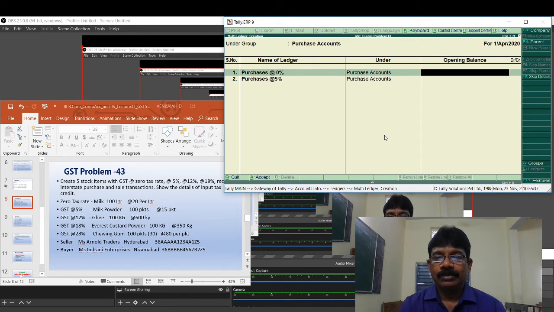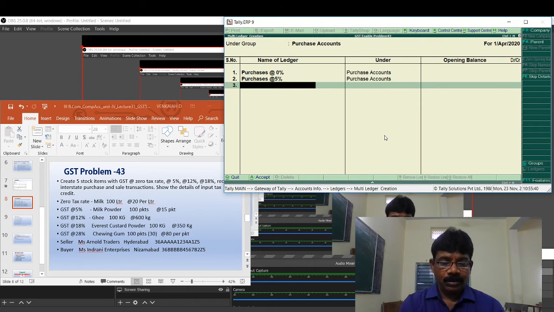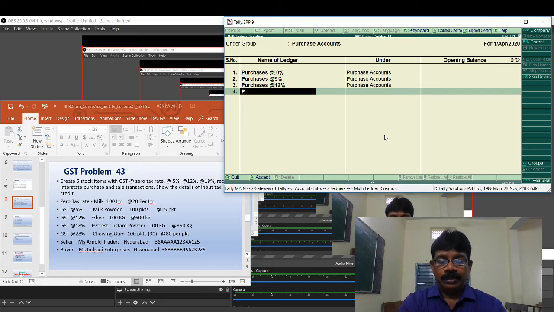Under purchases, every time it need not be selected. Purchases at the rate of 12%. Purchases at the rate of 18%.